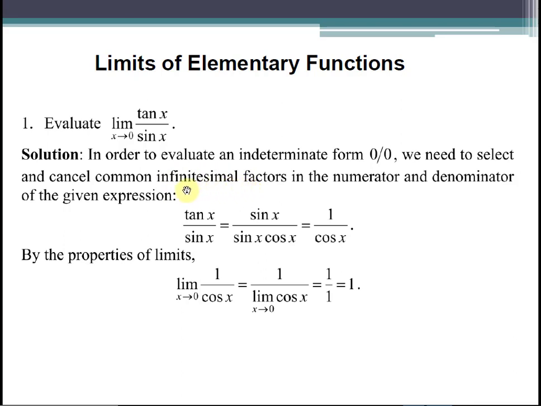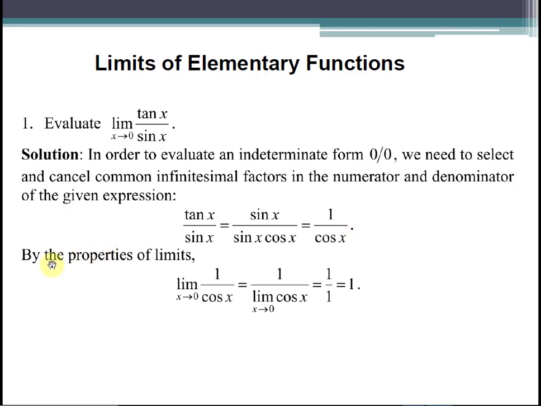This is an infinitesimal function. When the function f of x tends to 0, we call it an infinitesimal function. In the numerator and denominator in this case, we get sine x over cosine x, because tangent x is equal to sine x over cosine x, and times sine x in the denominator, and sine x and sine x are cancelled, and we have 1 over cosine x.